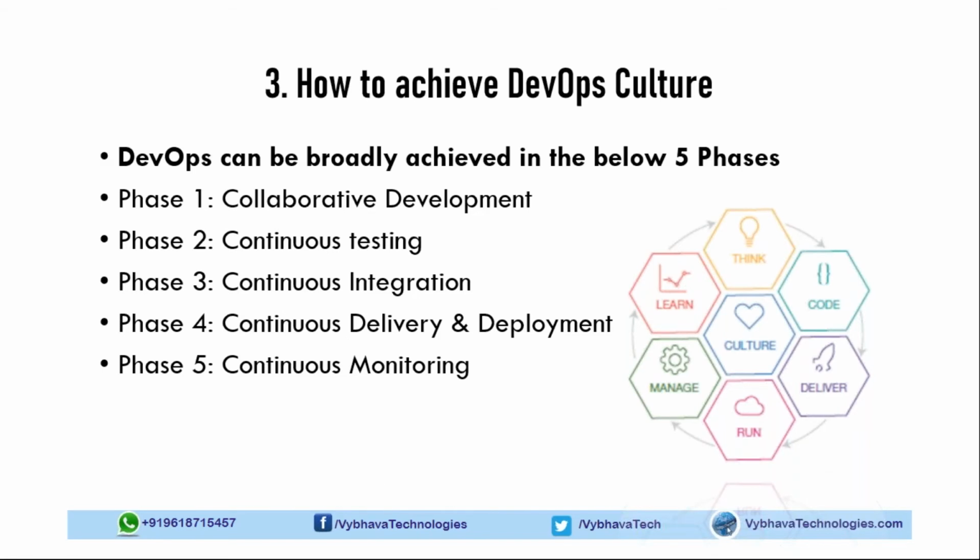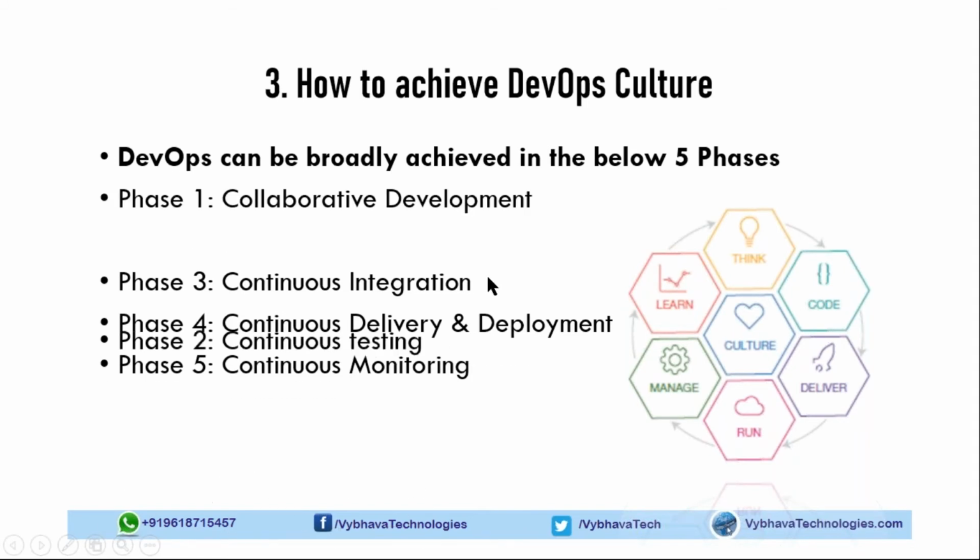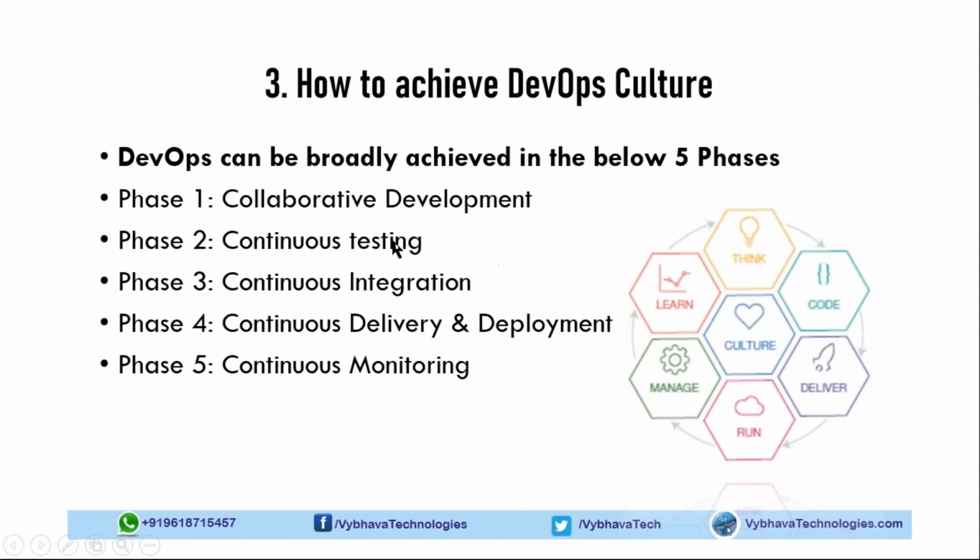Okay, so these are the 5 different phases DevOps is going to bring to any project: collaborative development, continuous testing, then continuous integration. Once testing is successful, go for the different phases of integration tests.